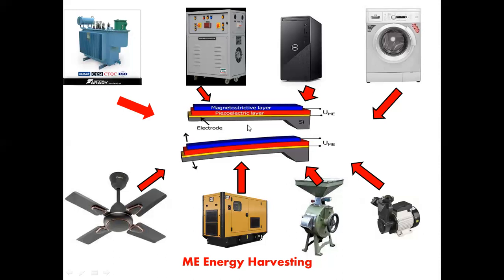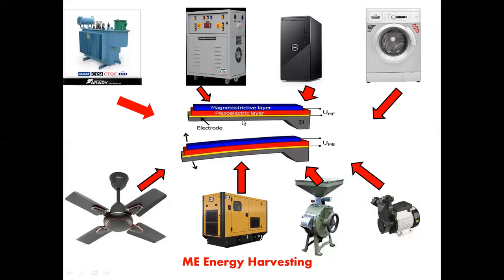They receive the electromagnetic field given out by all these machines, because so many copper windings are there in all these systems. Motors are there, high currents are flowing. So everywhere an electromagnetic field is created, and that field becomes the stimulus for these devices.